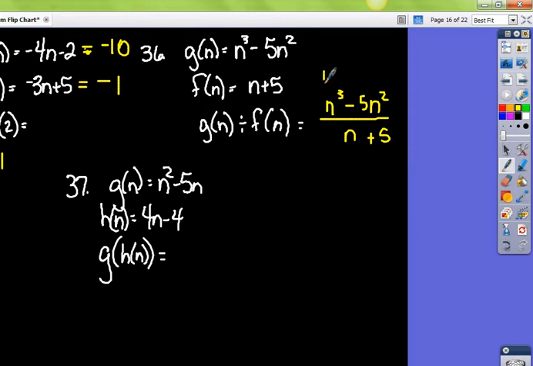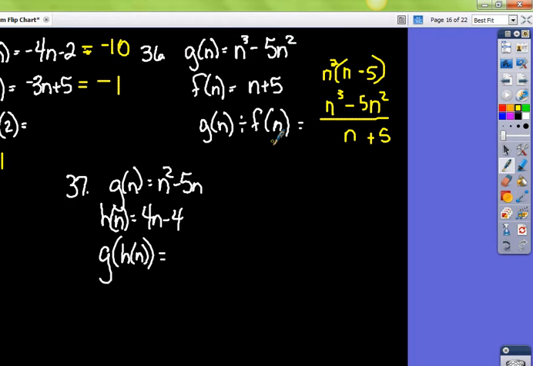I could have simplified the numerator here by factoring out an n squared, which would have left me with n minus 5. If this was a plus, I could have canceled it out with the n plus 5 in the downstairs, but it's not, so I have to leave it like this. So this answer right here is perfectly okay, but you should probably check it to see if you can cancel out anything.